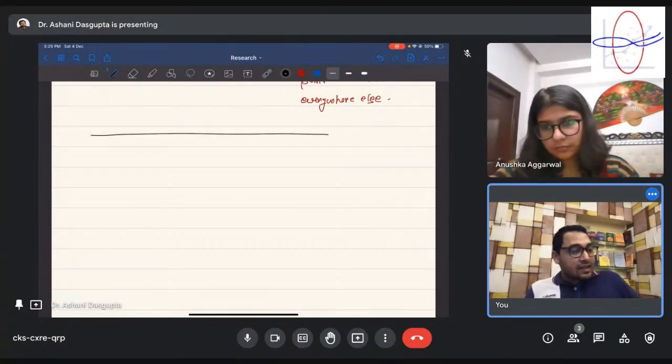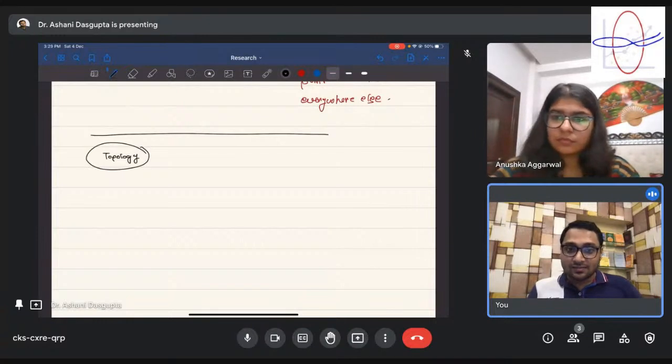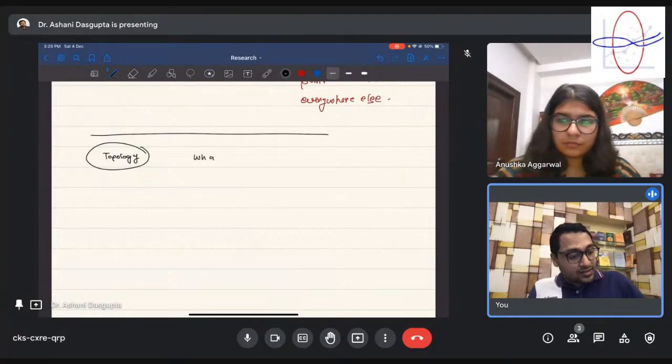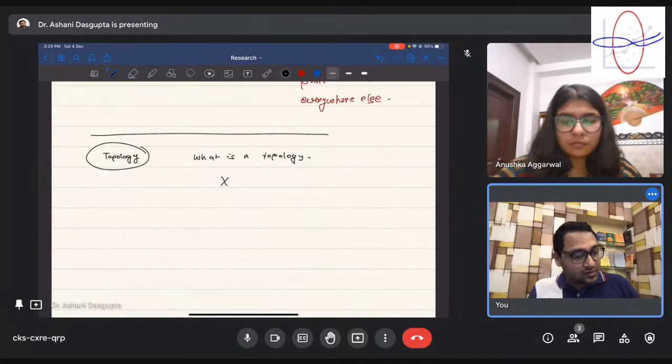So I'll come back to the notion of topology. We start with a set. What is a topology? So we have a set X which we start with. Our example was R2.